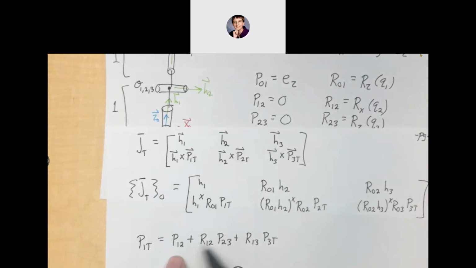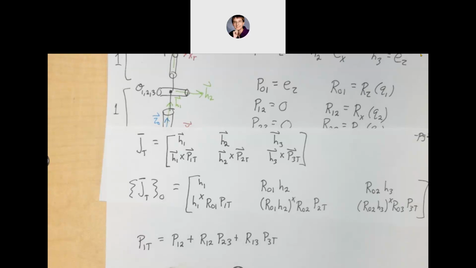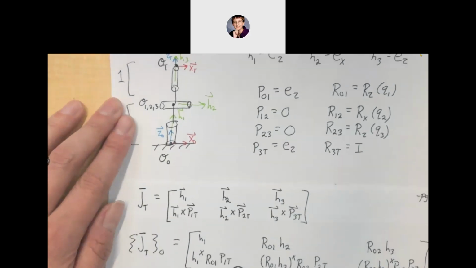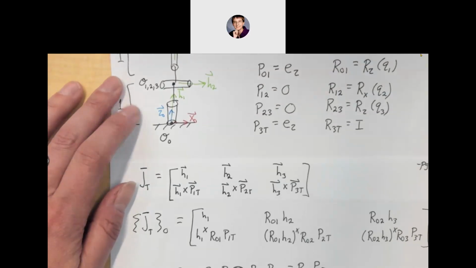Right? So we're just going from 1 to T, and we're going by each joint. If we look back at our equations here, this one actually works out pretty nice for us because P12 is 0, P23 is 0. So it turns out this is just R13 P3T.